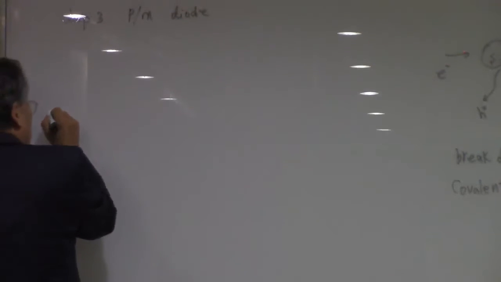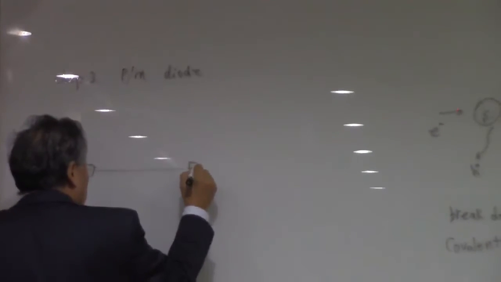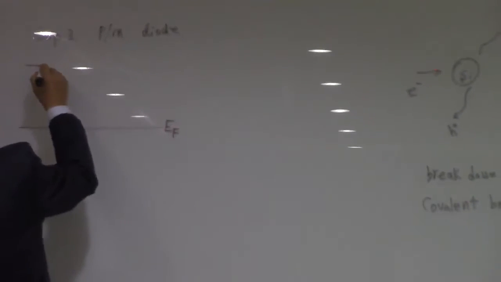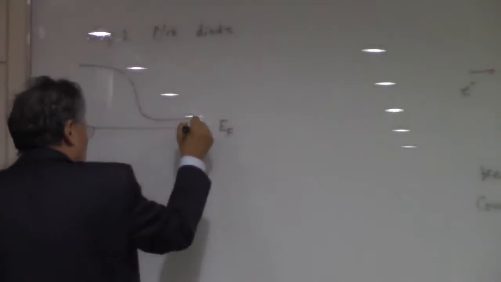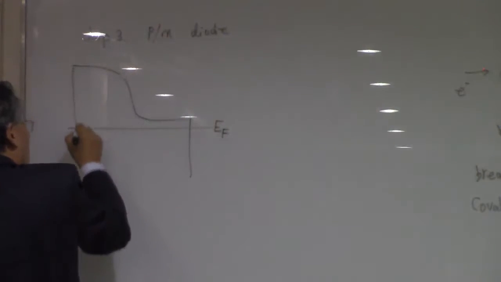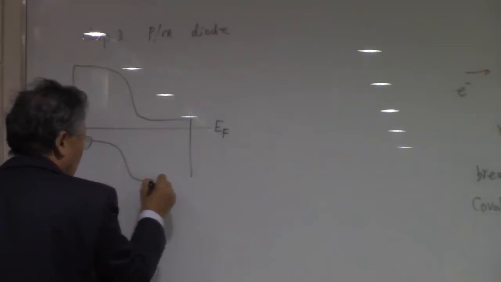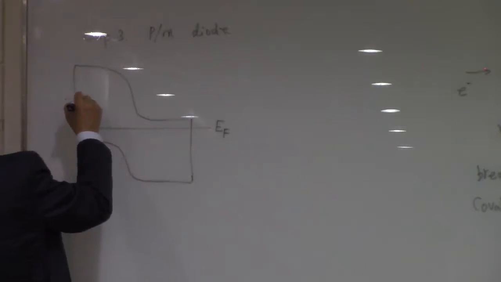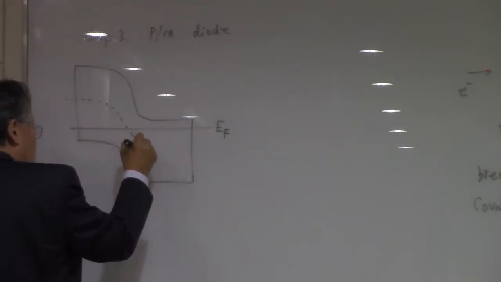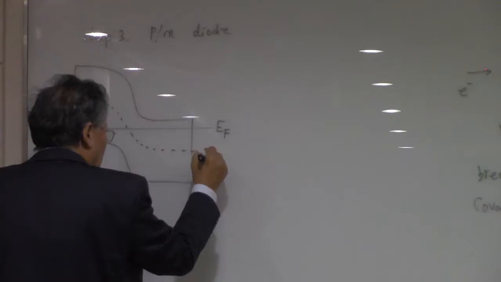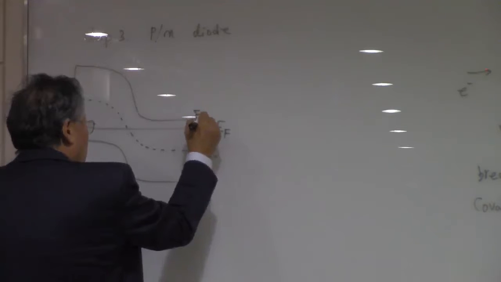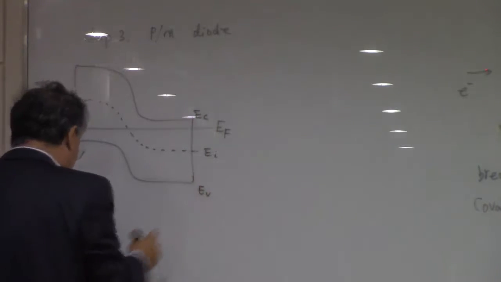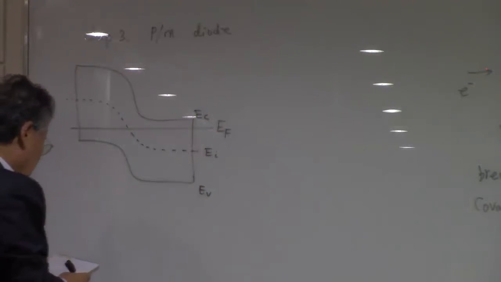Now at equilibrium, we're going to have band bending like this in a PN diode, and then you can draw the intrinsic level, EI, and the conduction band and the valence band, something like this, right?